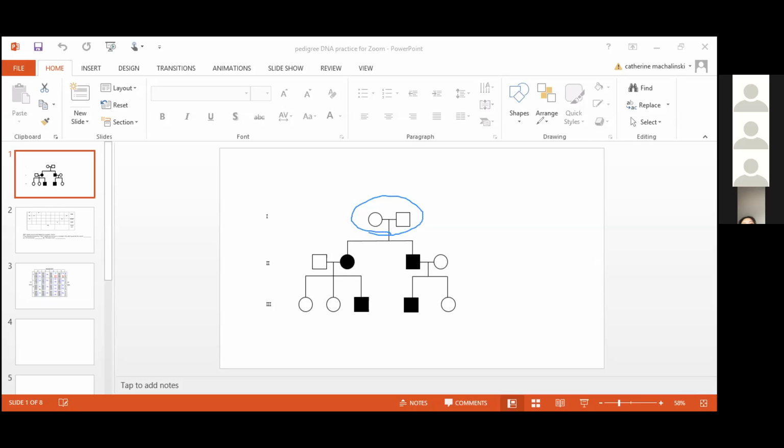So if the trait is autosomal and dominant, they must be homozygous recessive. Well, then where did their kids get that trait from? That's not possible, okay? So we can rule out, and for the same reason, we can rule out X-linked dominant as well. For the X-linked dominant to show up, it would have had to have been present in the parents. So we have 2 choices that are left: autosomal and recessive, and sex-linked and recessive.